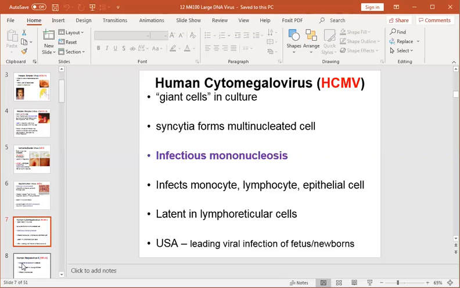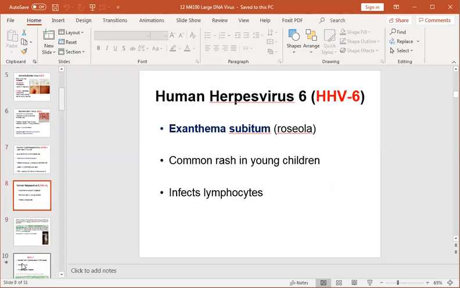Moving to slide number 8. Another virus is HHV6, or human herpes virus 6. It causes exanthema subitum, or roseola, which is a common rash in young children, and it infects lymphocytes.